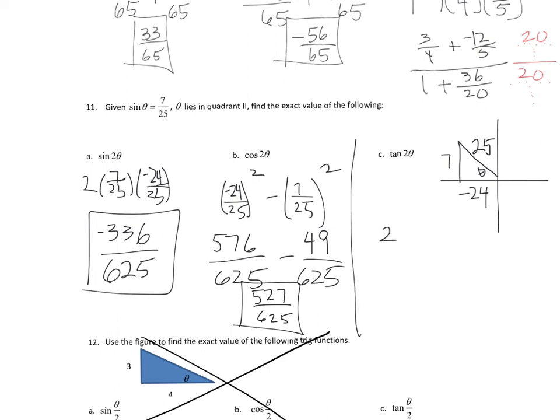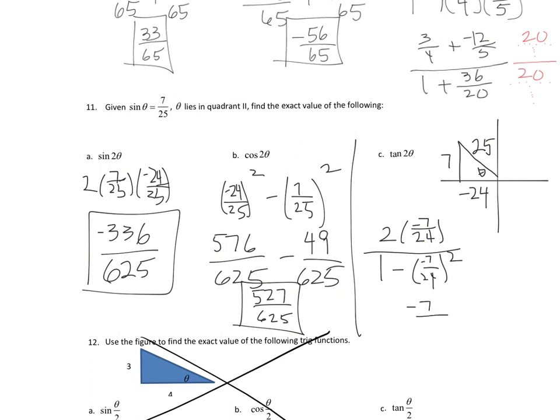Last one is tan 2 theta. So tan 2 theta formula is 2 tangent over 1 minus tan squared. Tangent theta is opposite over adjacent, negative 7 over 24, and then negative 7 over 24 goes in for there as well. And now it's a matter of simplifying. In the numerator, we have 2 times negative 7 divided by 24. Another way you could do it is 2 over 24 reduces to 1 over 12.